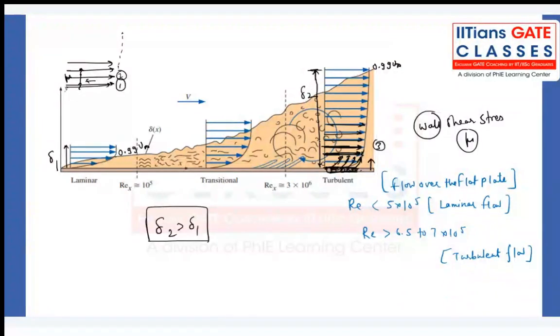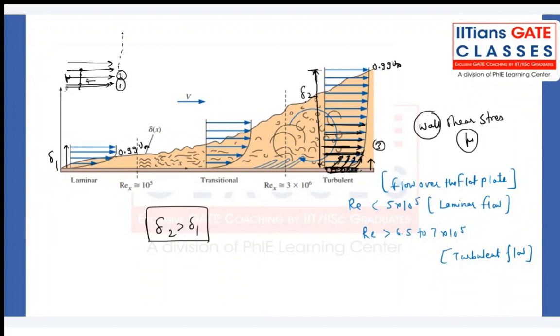We know that each and every fluid layer will start gaining fluid velocity, but because of the eddy viscosity, the turbulent viscosity, the bad impact of momentum exchange will also contribute to slowing down. This delta means it is taking much more distance to achieve 99% of the free stream conditions as compared to the laminar flow.